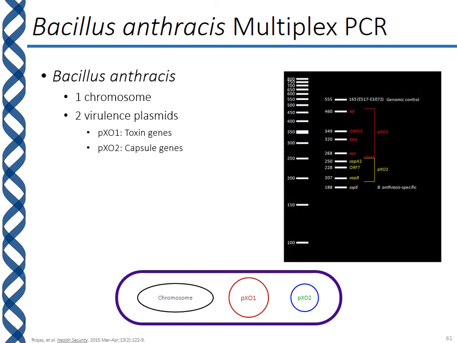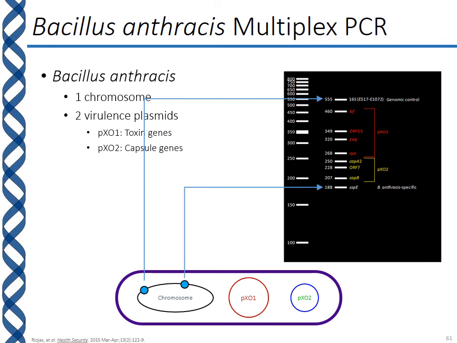Here is a diagram of the readout from this multiplex PCR on a gel electrophoresis. The way this PCR is set up is to amplify 2 targets from the chromosome, 4 targets from pXO1, and 3 targets from pXO2. So here you see, for example, the 2 spots on the chromosome where the targets are for the primers in this multiplex PCR.